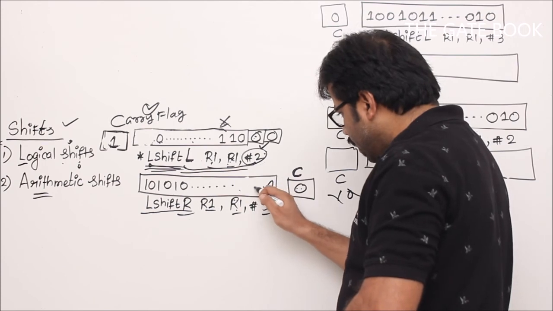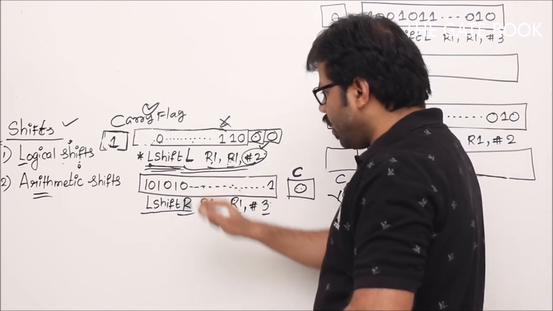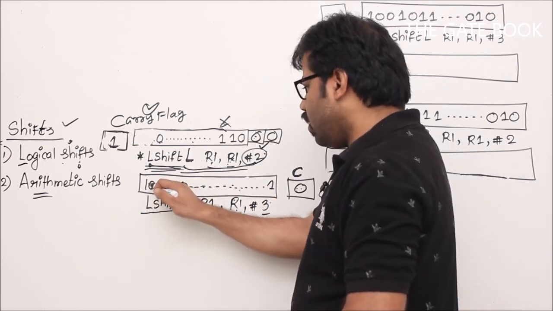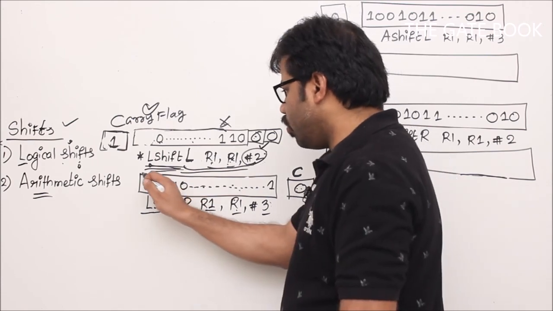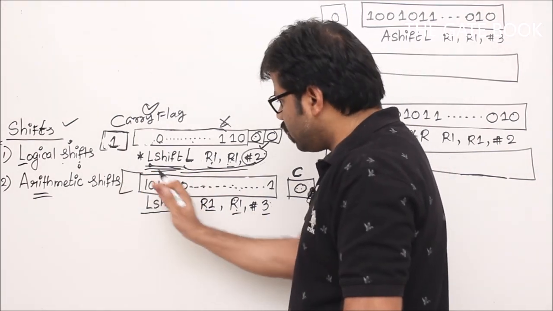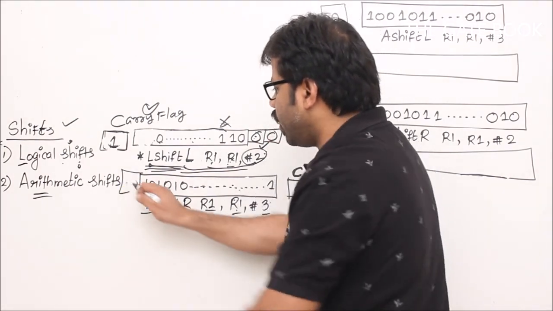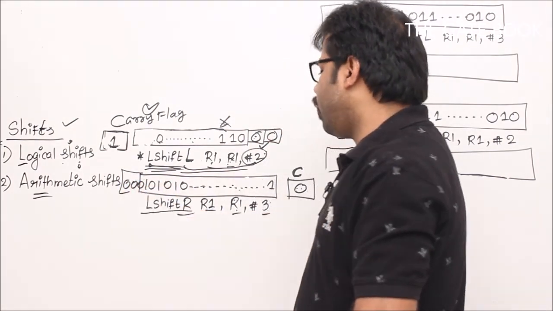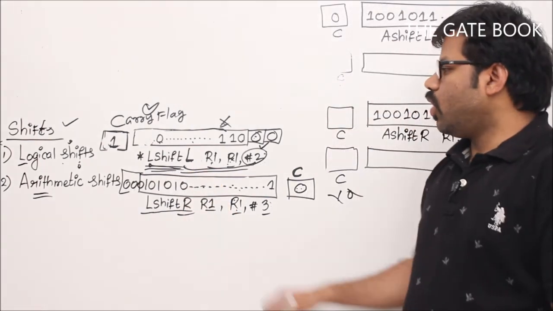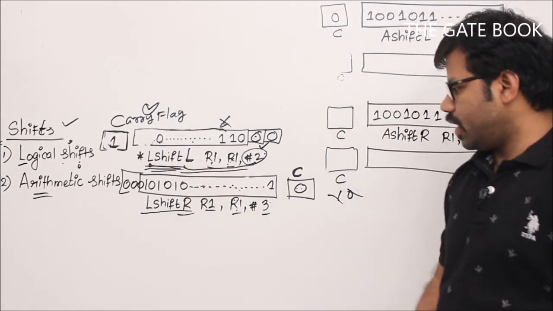Then whatever the remaining thing is there, that will be there. Okay. Now slowly, all these bits will be there, 1 0 1 0 1 0. But when you do right shift 3 times, then 3 empty positions will be formed. There we have to write 3 zeros. That is the final answer. Okay. So this is about logical shift of right side.